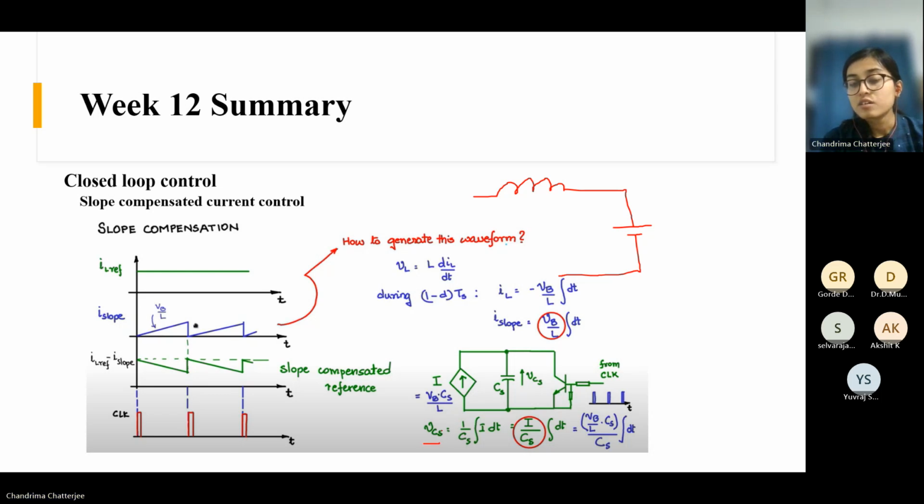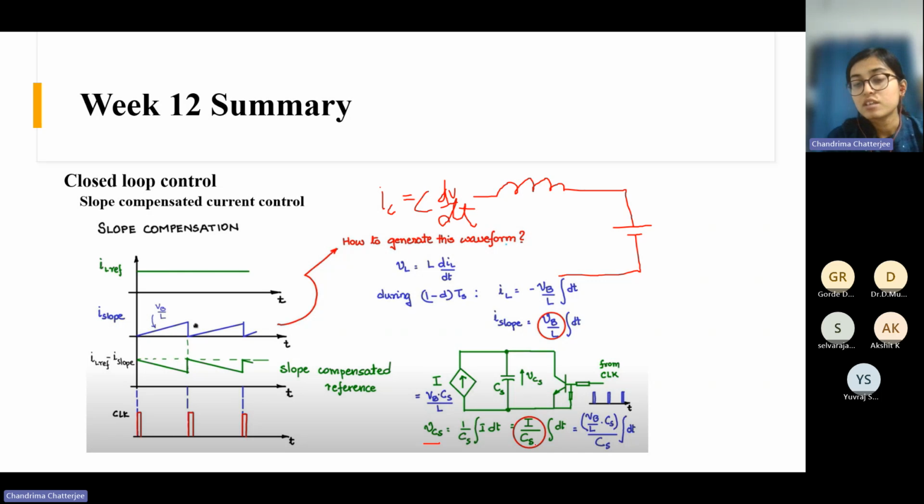It is 1 by C_S integral I dt. Because the current through a capacitor is I_C equals C dV by dt, so the voltage across a capacitor is 1 by C integral I dt.